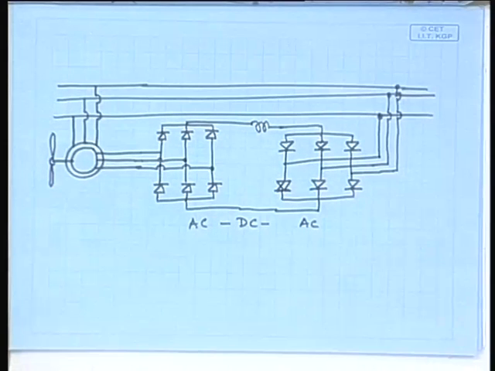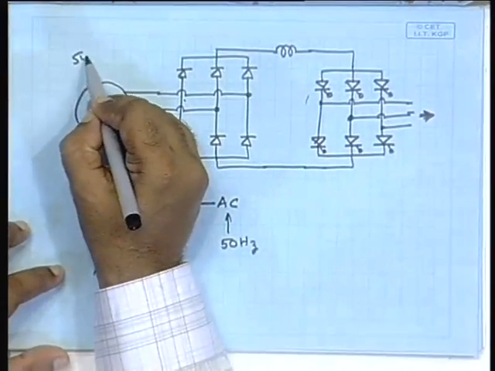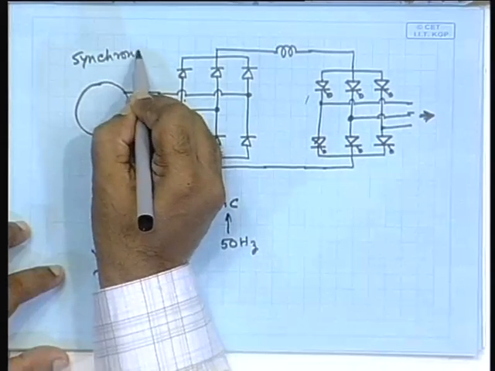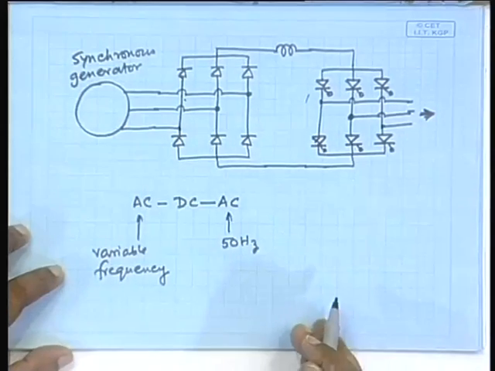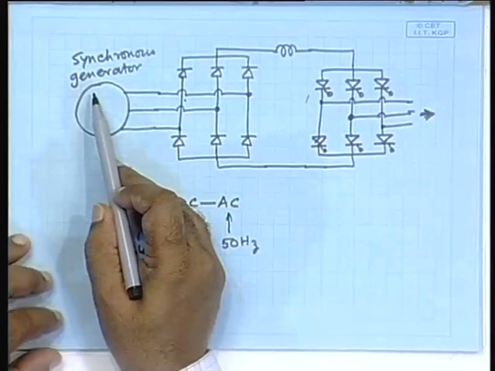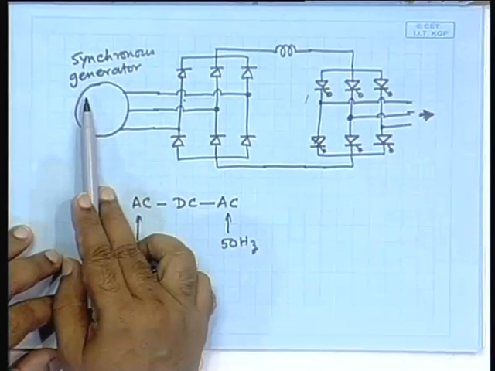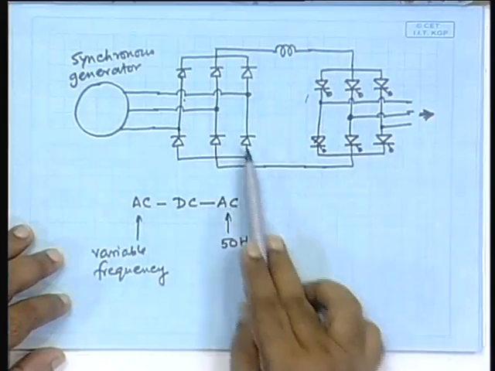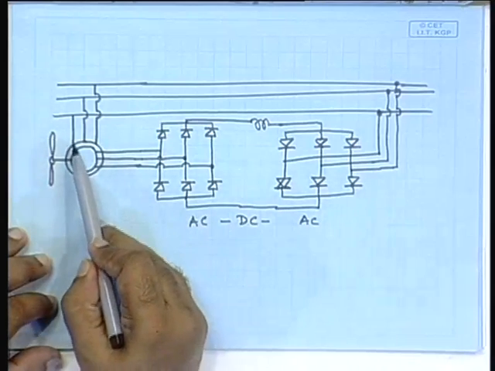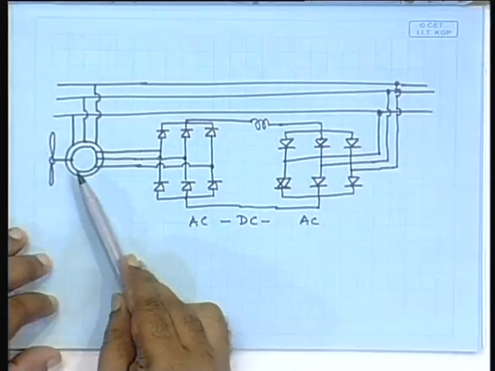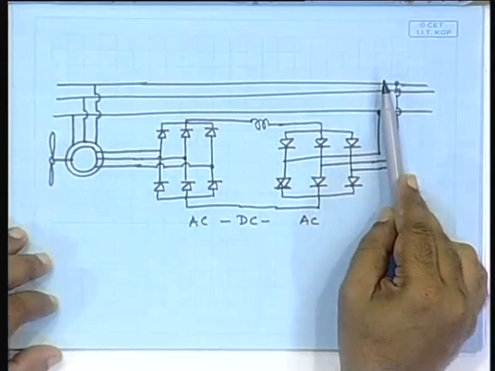You might say, what is the difference between this arrangement and this arrangement? Here the arrangement was a synchronous generator, which is somewhat more expensive than the induction machine, but the whole power is going through this AC DC AC arrangement to the grid, while in this case much of the power is going directly to the grid and only a part of the power that is generated by the rotor is going through the AC DC AC arrangement to the grid, right.